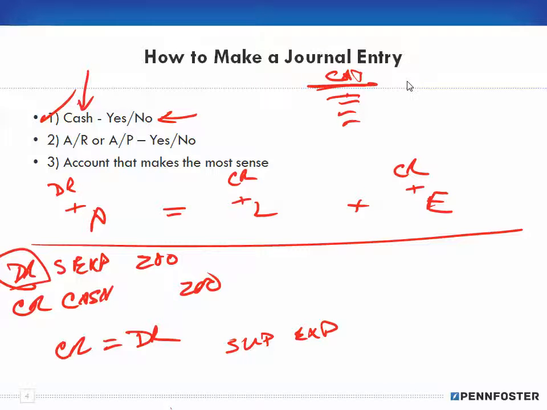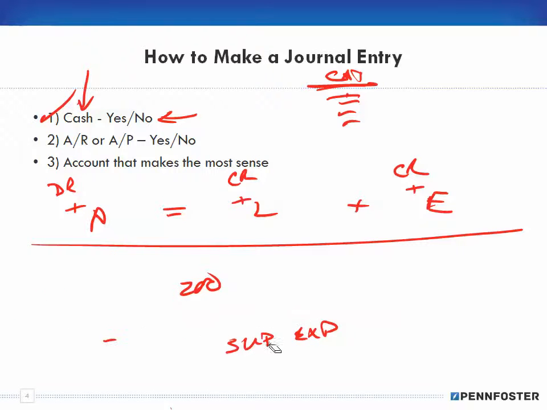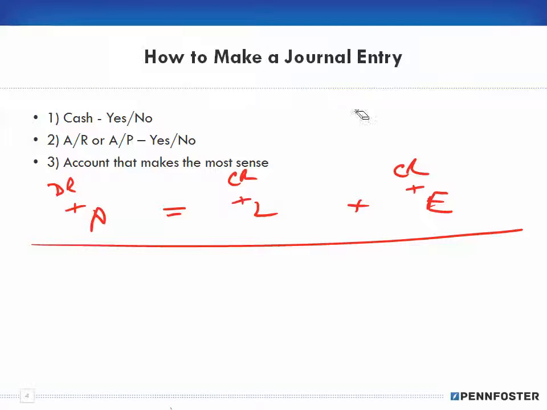So picking up where we left off, I'm going to erase this here to clean this up. And remember, the normal balance of a revenue is a credit, and the normal balance of an expense is a debit.